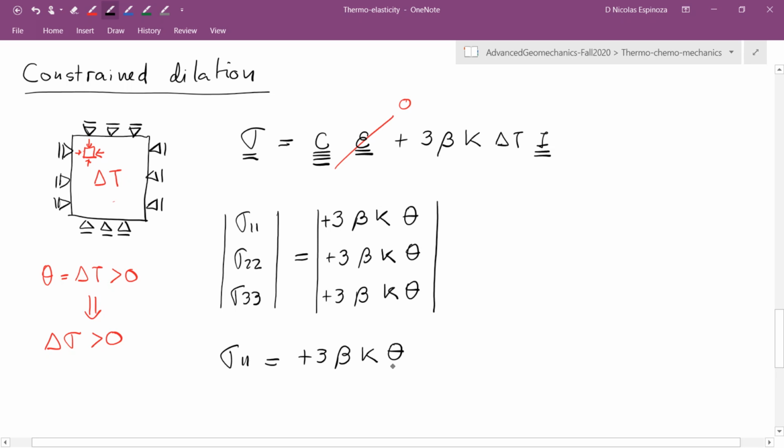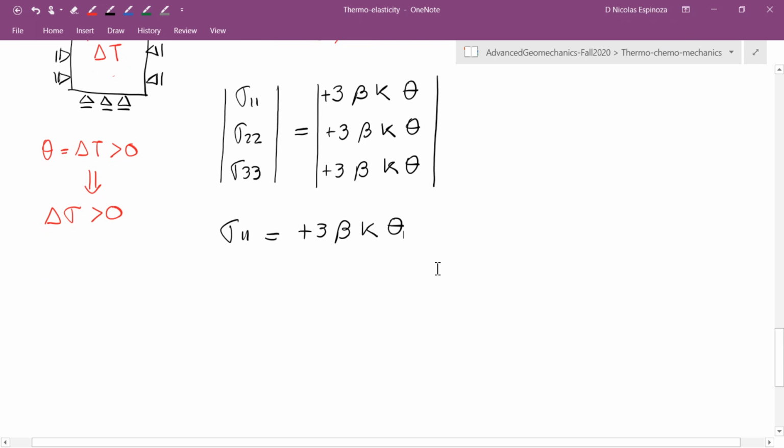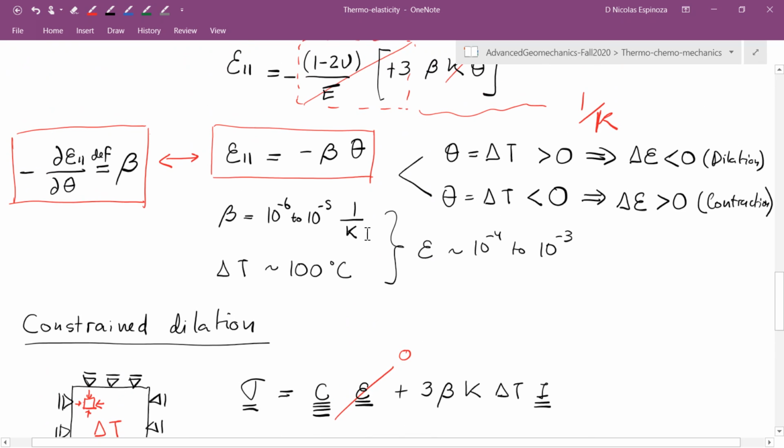And also you may wonder, what are the typical stresses that I would see with a change of temperature? Well, let's imagine, in this case, typical rock parameters with beta equal to 10 to the minus 5, 1 over Kelvin. Let me add a degree actually here to not confuse this Kelvin with a bulk modulus, and let me add the same over here. Okay, this is a degree Kelvin.